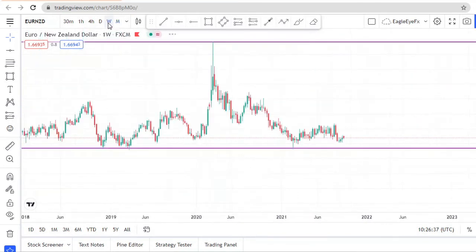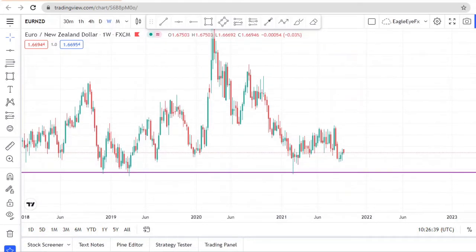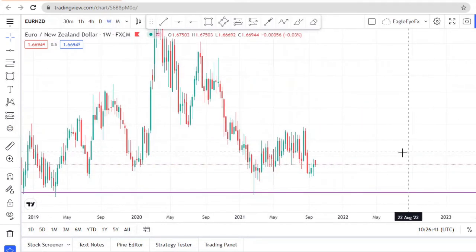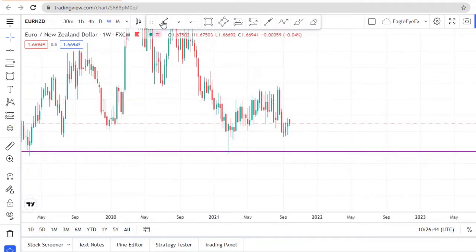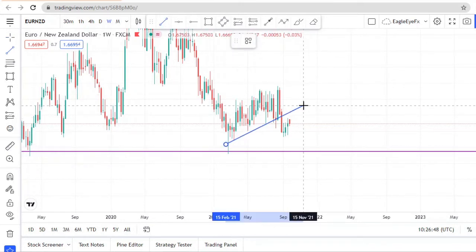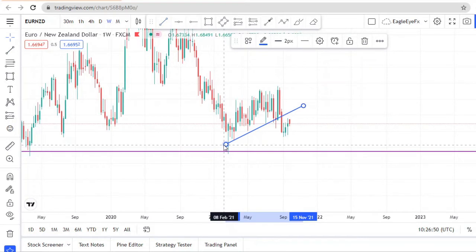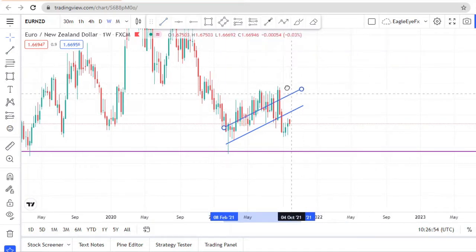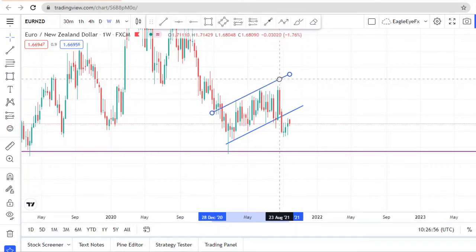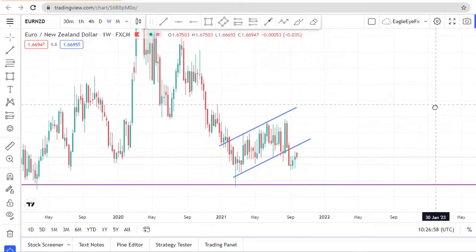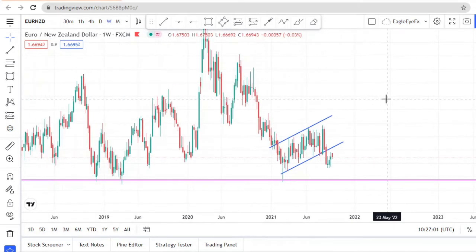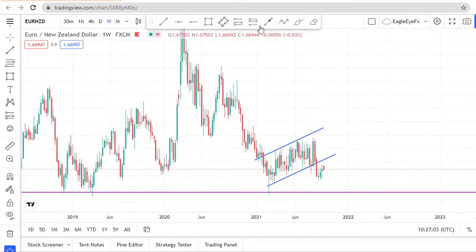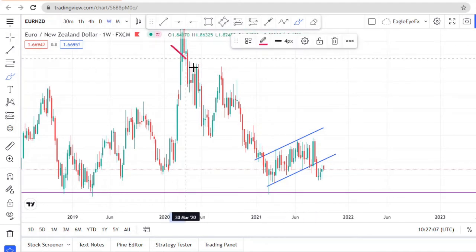Now let's continue and see what is happening. Let's go to the weekly time frame and see if there's anything we can see over there. Now on the weekly time frame, something interesting I'm seeing here is something like a bearish flag. And what do I mean by that? This market was coming from up there, coming down.